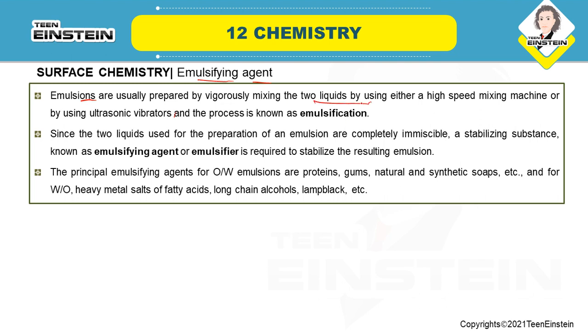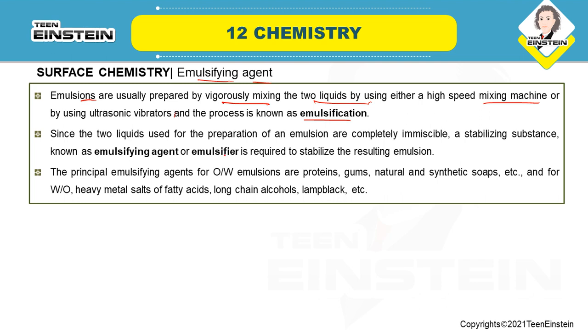As the two liquids are not miscible with each other, we have to mix vigorously, and it is possible only with a high speed mixing machine or by using an ultrasonic vibrator. That means we have to provide some mechanical force, otherwise vigorous mixing is not possible. This process is known as emulsification, the process by which we make emulsions, vigorous mixing of two immiscible liquids.